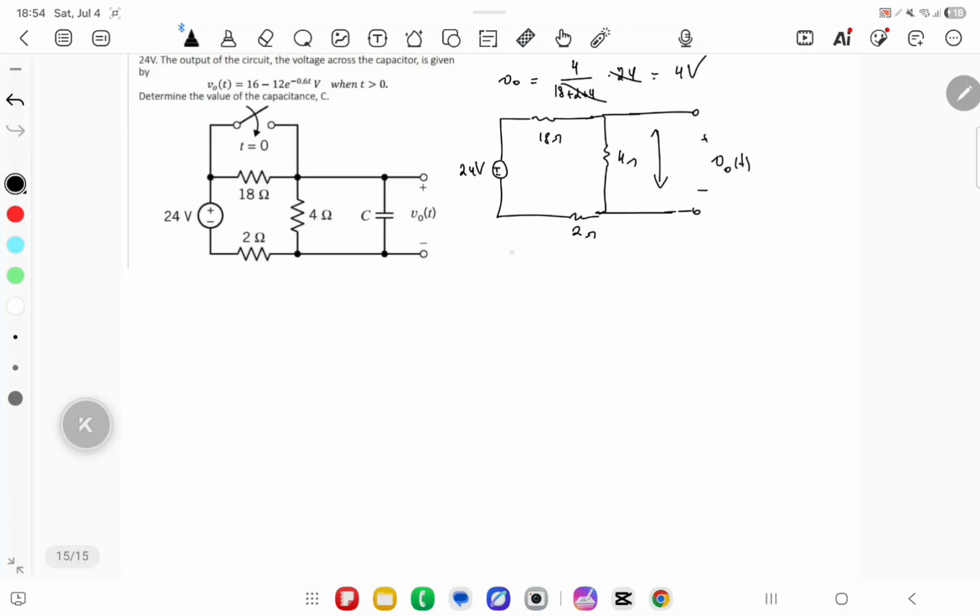Now I can move on and analyze my circuits in transient state. So the switch is closed and there is no more resistor. Our voltage source, and here, careful, we have to account for the capacitance values plus the voltage source.